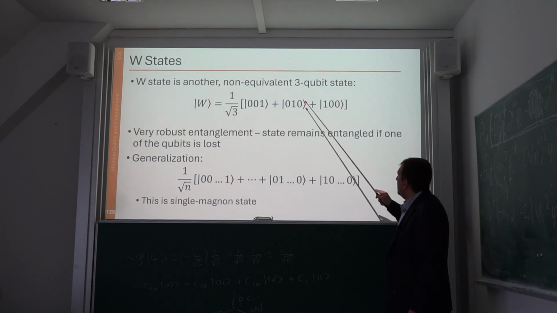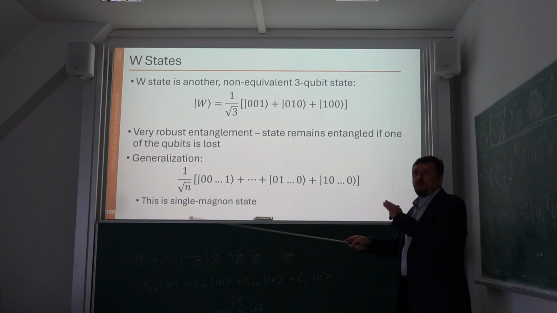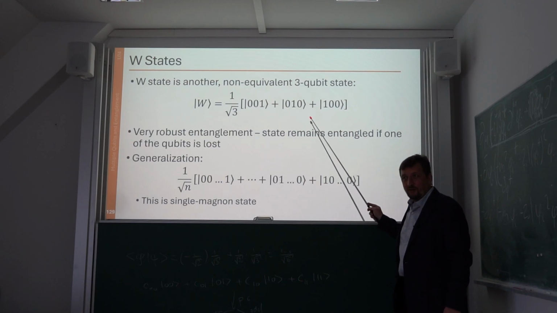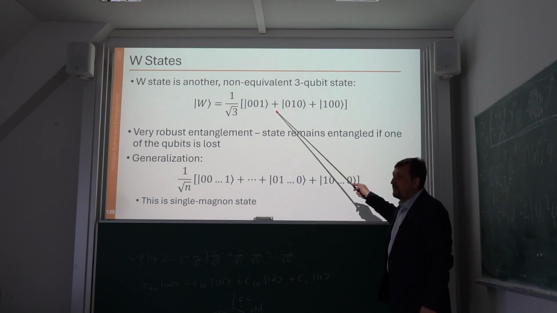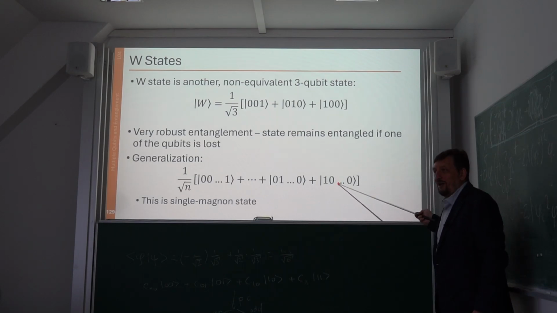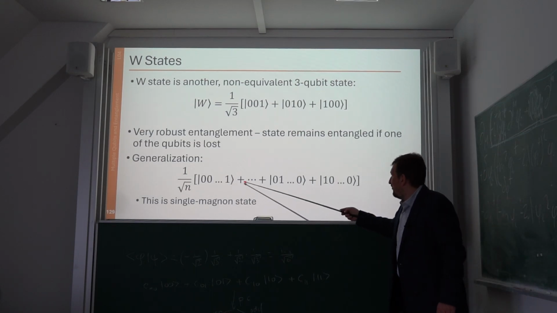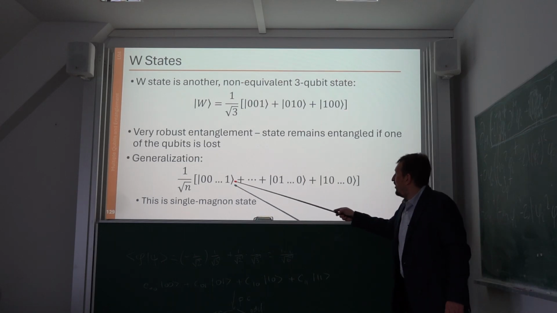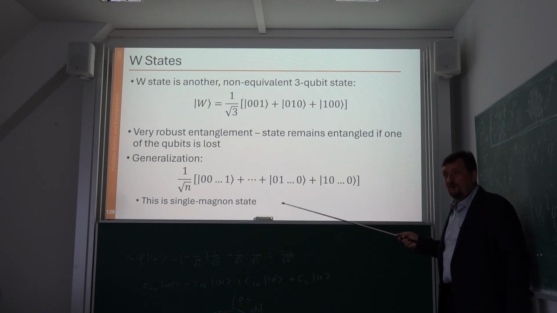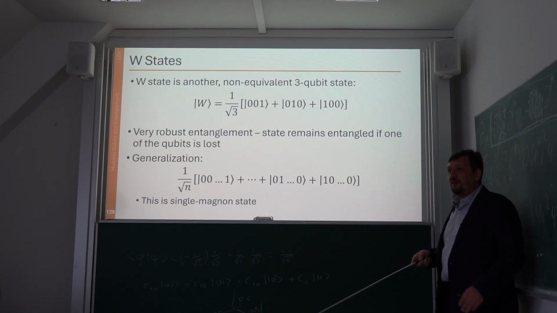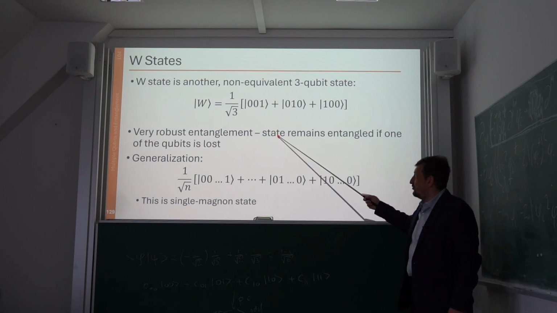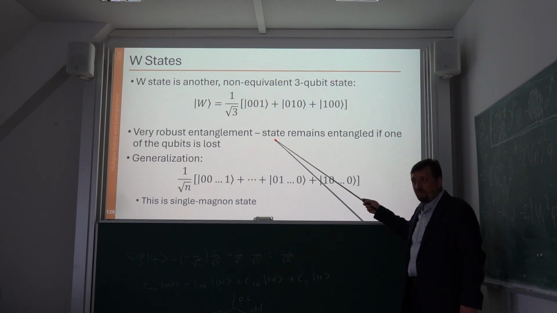In the W state, if 1 qubit is lost, for example it interacts with the environment, the remaining 2 qubits will still be entangled. Again, we can write a generalization for n qubits, with n terms, in which only 1 qubit is flipped in each term. So this is essentially a magnon state. A very interesting question is whether the long lifetime of magnons in solid state is related to this robustness of the W state.